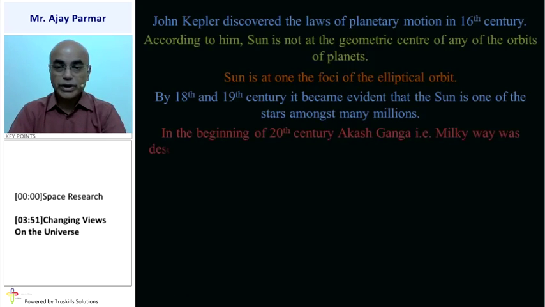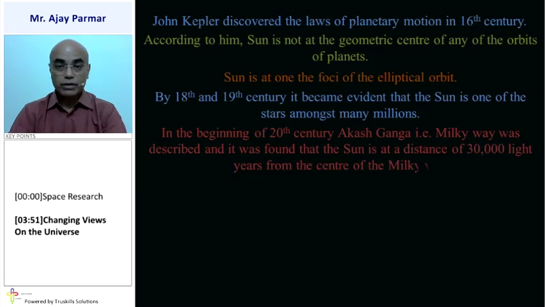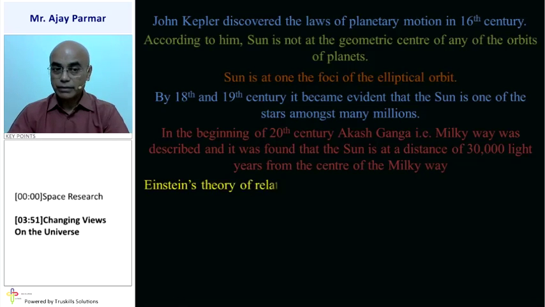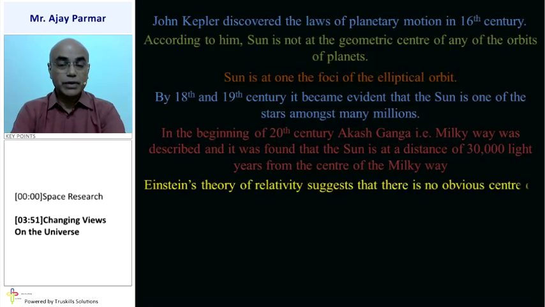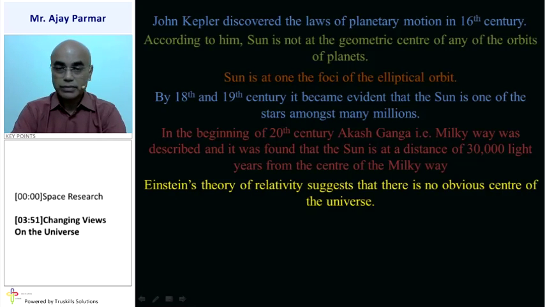In the beginning of the 20th century, the Akash Ganga, that is the Milky Way, in which our solar system lies, was found. It was also found that the Sun is at a distance of approximately 30,000 light years from the center of the Milky Way. Einstein's theory of relativity: if you study physics in higher standards, you will study this interesting theory.